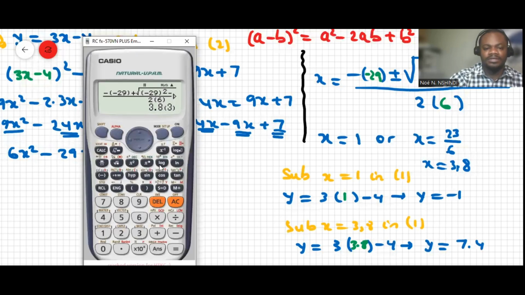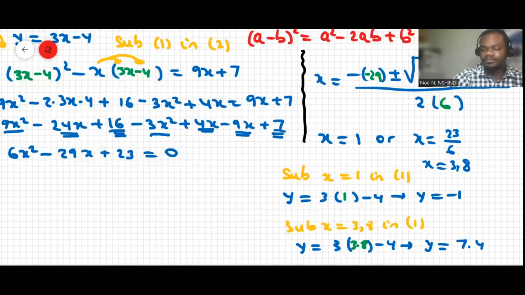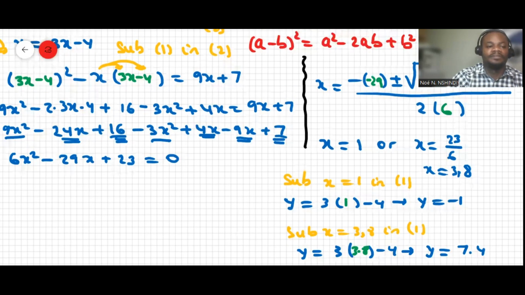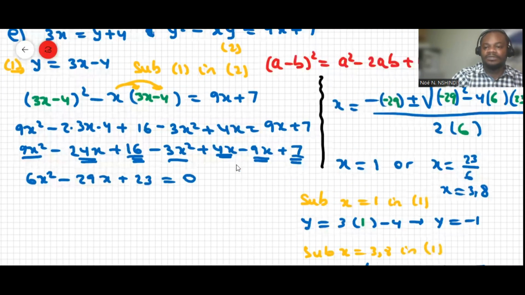Let me double check. No, I don't need to change here. Yeah, that's 11.4, 11.4 minus 4 is 7.4. That's right. That's the value of y. So that was all for E.